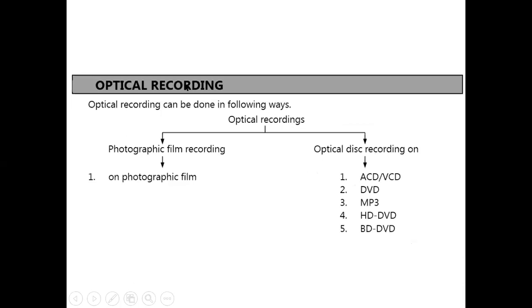Audio CD, you go up to 700 MB. Then DVD, the recording capacity goes up to 4.7 GB, single-sided or double-sided; both versions are available. High definition DVD goes up to 30 GB, and Blu-ray disc goes up to 60 GB. One side, two side, both options are available.